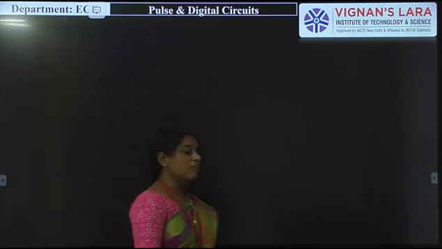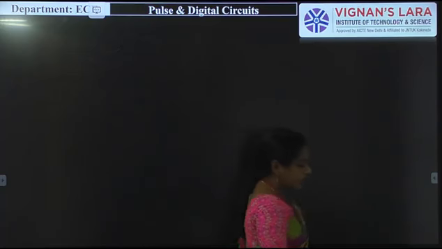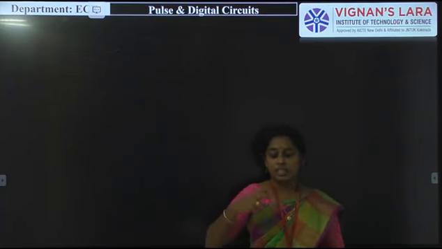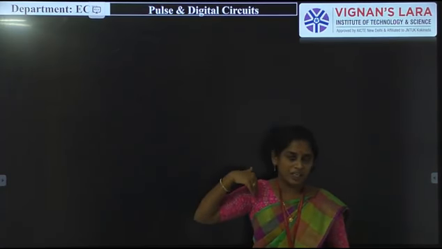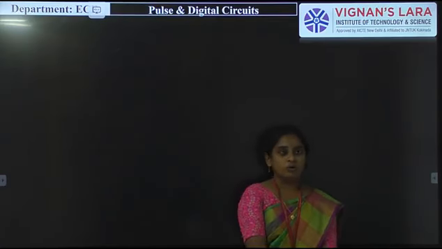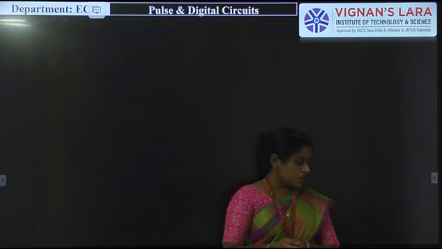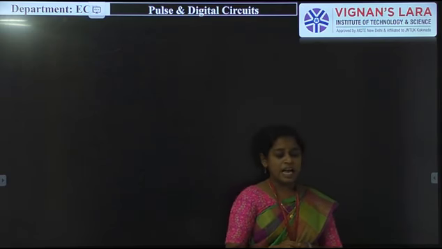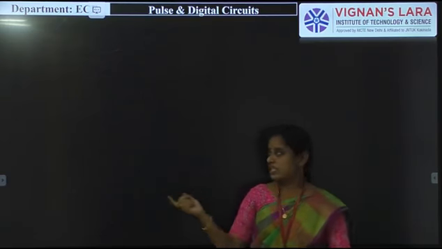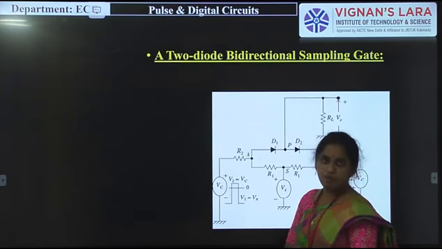At the same time, the sensitivity of this type of two diode based sampling gate is very high, and there may be a chance of leakage of the input signal.